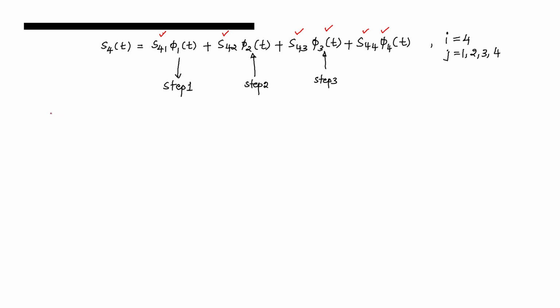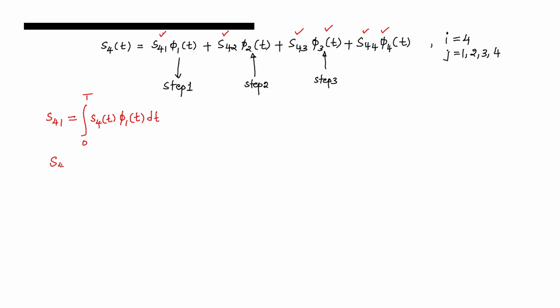Therefore, we can obtain the expression for S41 like this. 4 stands for the fourth signal S4 of t, 1 stands for the first orthonormal basis function.